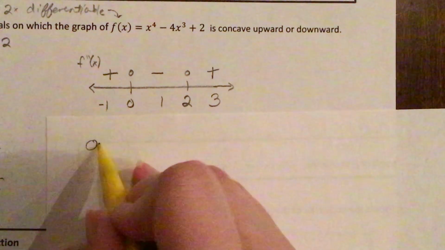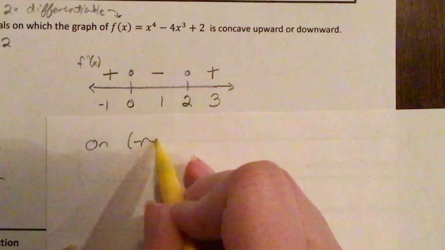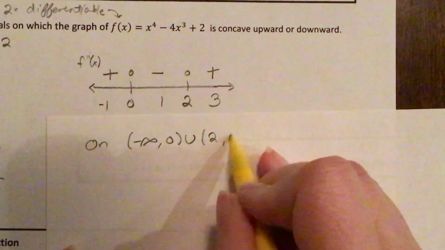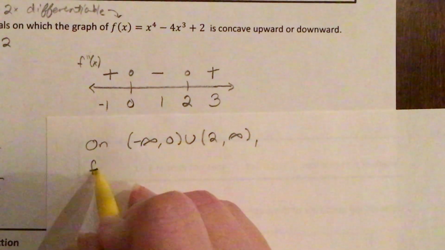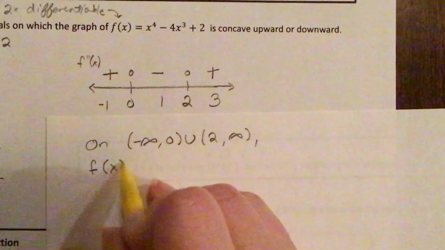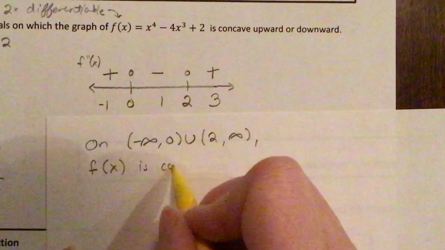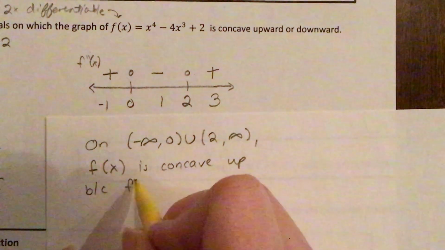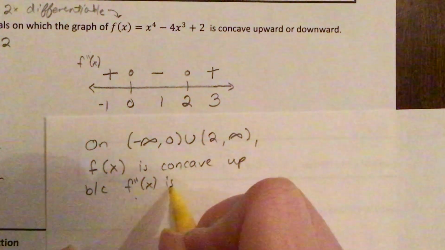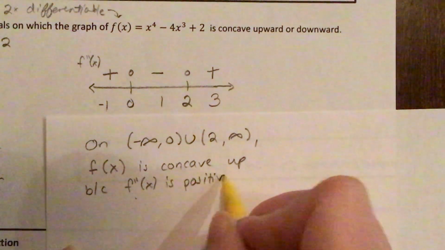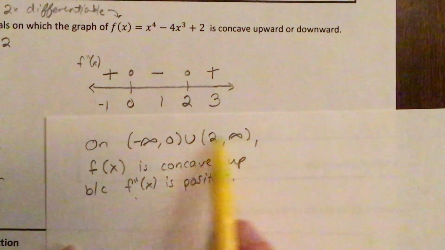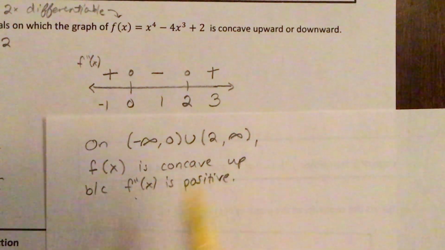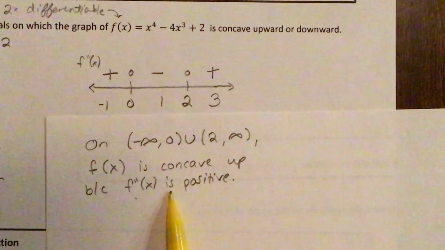So on the interval from negative infinity to 0 and from 2 to infinity, f of x, or just f, it doesn't matter, is concave up because f double prime of x is positive. So you have to say the where, at what x values, what the thing is that's happening, what you care about, and then why. How mathematically do you know?